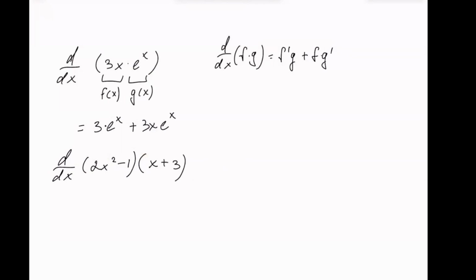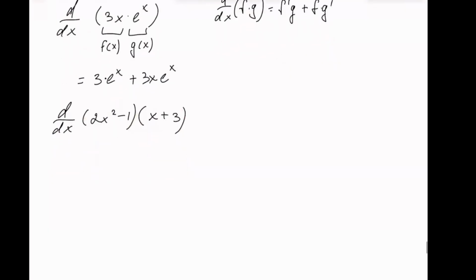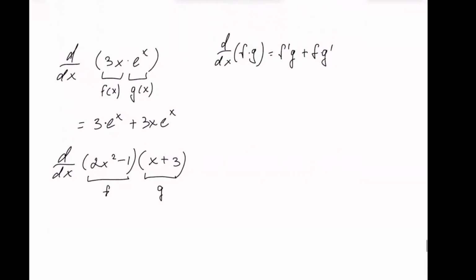Again, you can use the power rule, but before that you'll need to FOIL this function. But you can actually use the product rule right away, and you will have, so this is your f and this is your g. So again, by the rule, we have the derivative of 2x squared is going to be 4x, and then minus 1 is 0, so we don't write that.